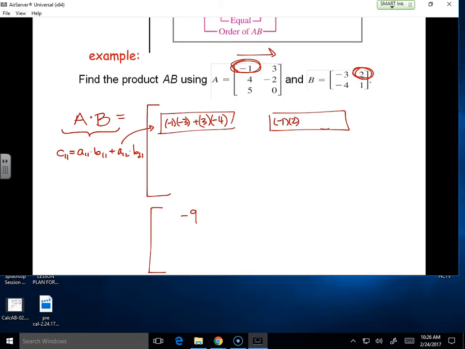Go across, 3 times 1. So A11 times B, so you cross down and then cross over down, B22. And if you can get really good at this, you can say, sweet, I'm crossing over to the next column, so I have negative 1 times 2 is negative 2, and negative 2 plus 3 times 1, negative 2 plus 3 is 1.